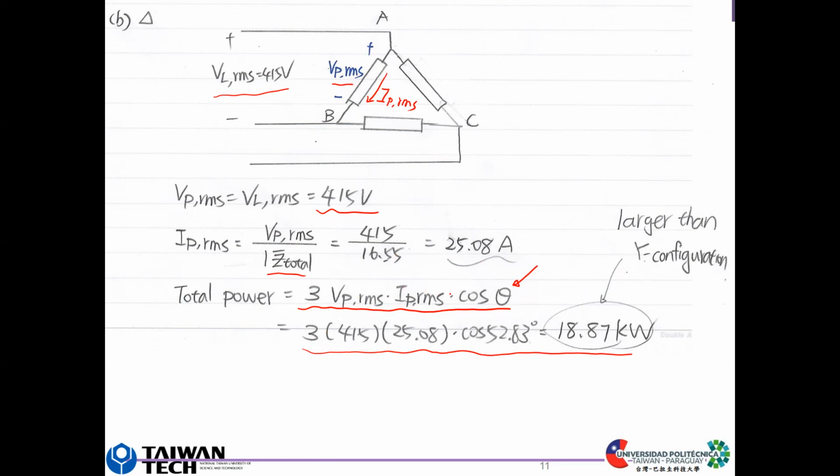This is the total true power or real power of this delta configuration, which is a constant, right? Because the power of a 3-phase system is constant.